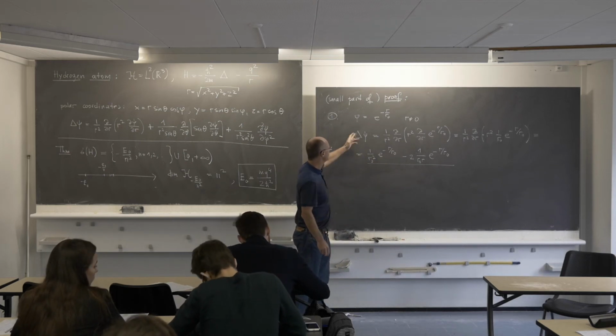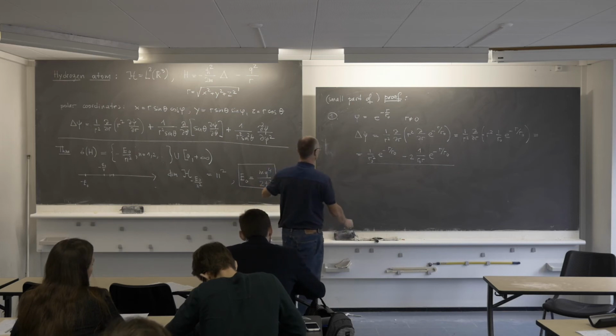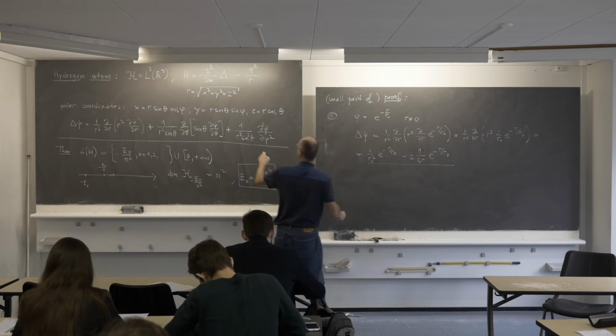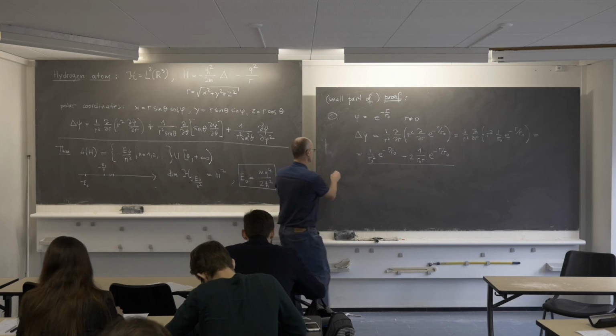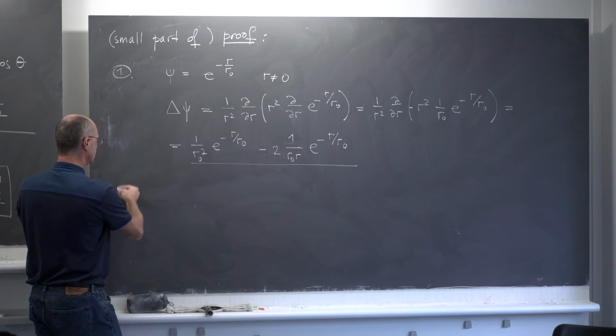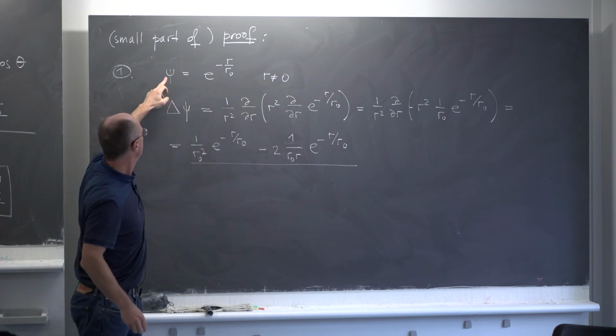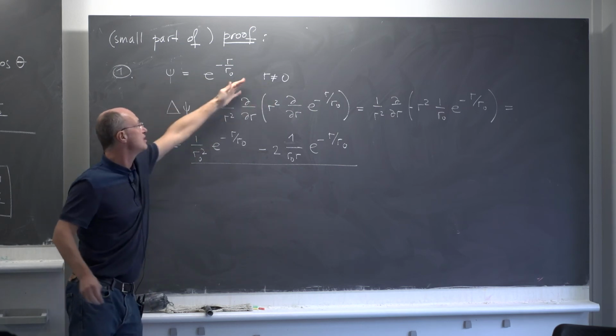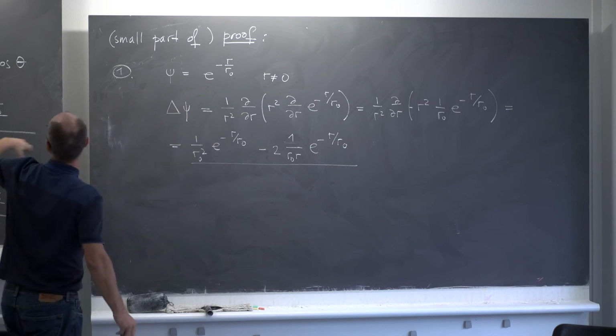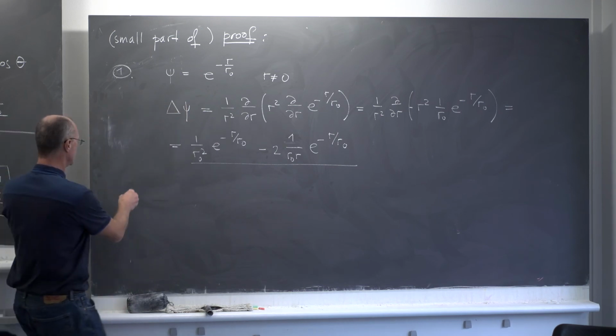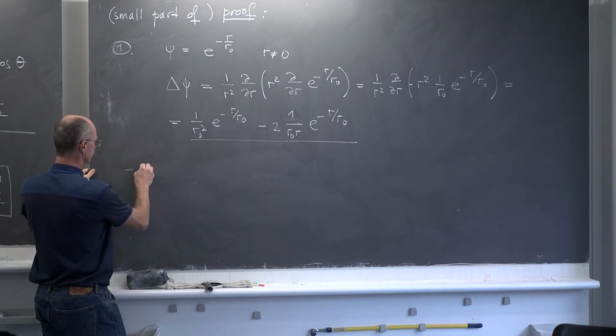Okay, so now, what about the Schrödinger equation, right? I claim that outside r equals 0, this psi, for some good choice of r0, solves the Schrödinger equation for some energy.